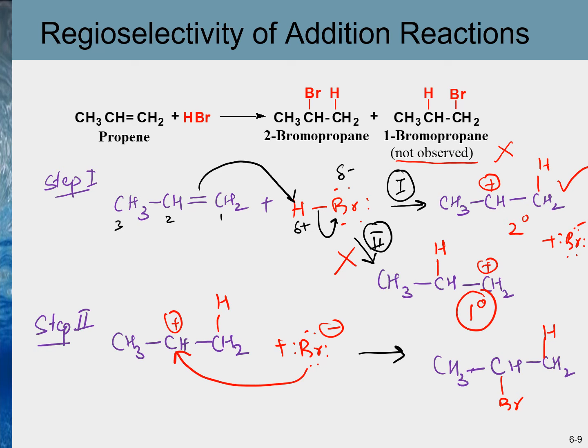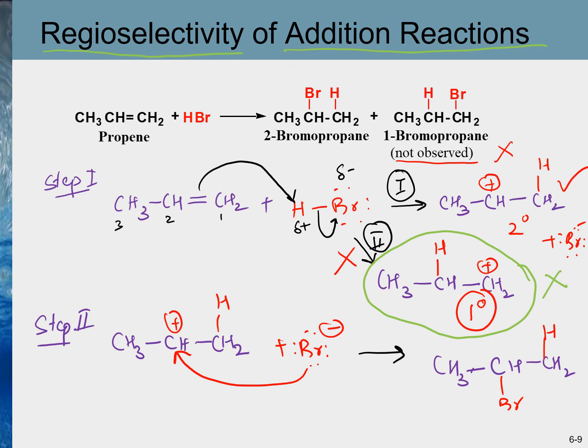So now from this mechanism and the stability of carbocation, we understand why 1-bromopropane does not form. So this explains the regioselectivity of addition reactions.